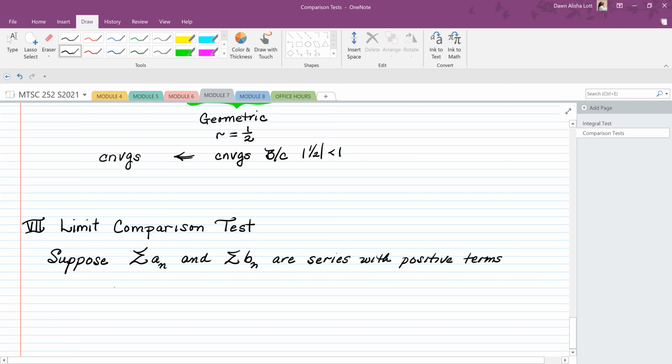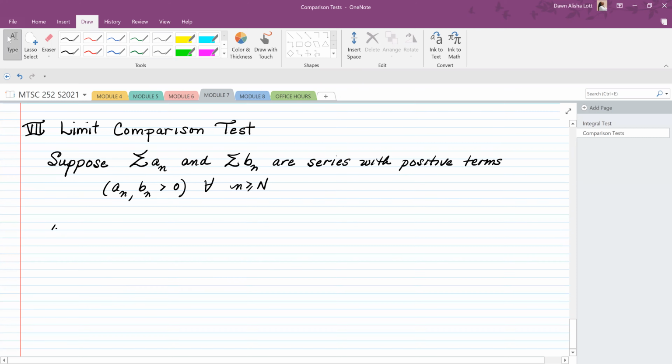So an and bn are both greater than 0 for all n after some number n. Okay, then these are our conclusions of this theorem.